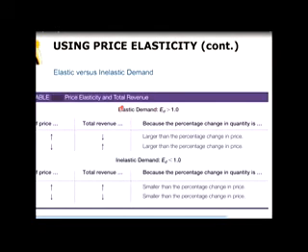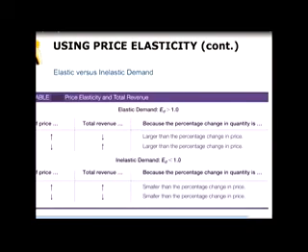For an elastic demand, or one with a price elasticity greater than 1, an increase in price is going to decrease total revenue because the percentage change in quantity is larger than the percentage change in the price. Remember, elasticity is calculated as the percentage change in quantity divided by the percentage change in price. So if it's greater than 1, the percentage change in quantity is greater than the percentage change in price. So if the price were to fall, total revenue rises.